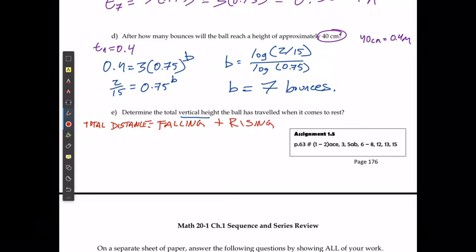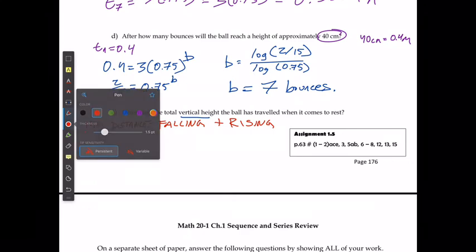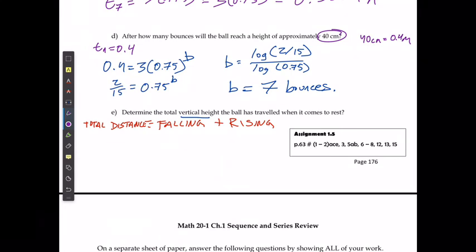The falling distance is an infinite sum starting with term 1. It's the height that travels as it's dropping down, starting with the first one going on to infinity. So I have 3.0, or just 3 if you prefer, over 1 minus 0.75.